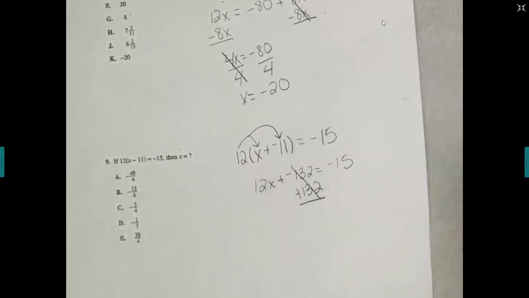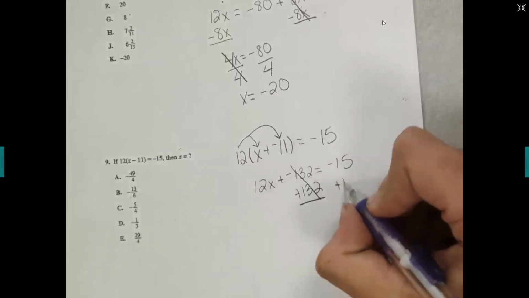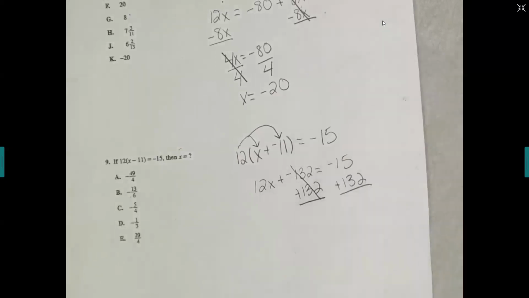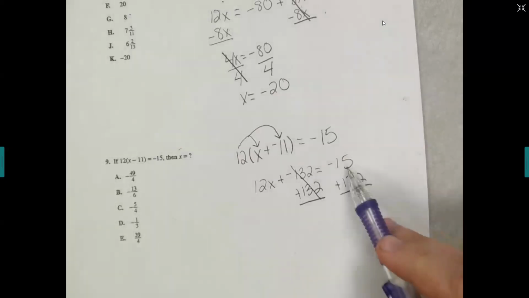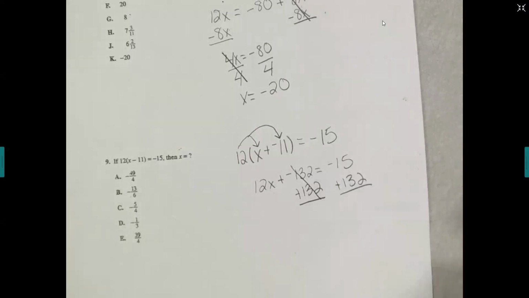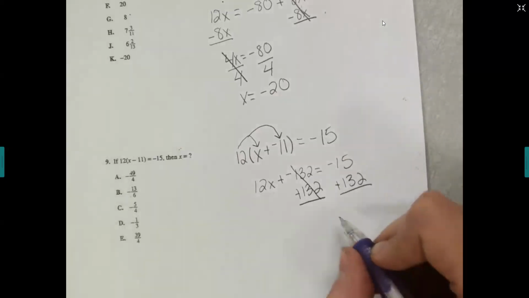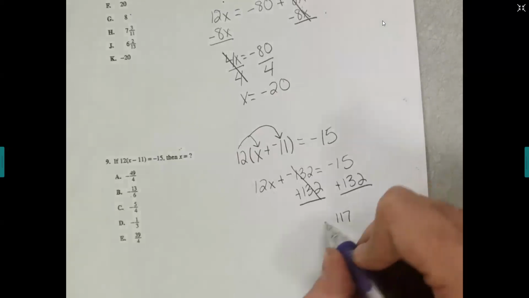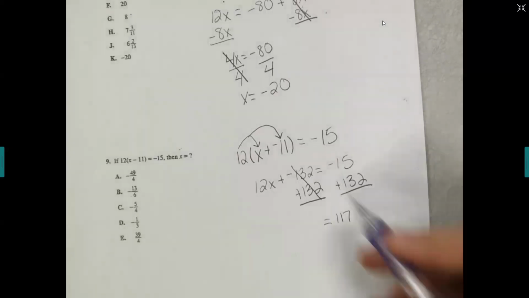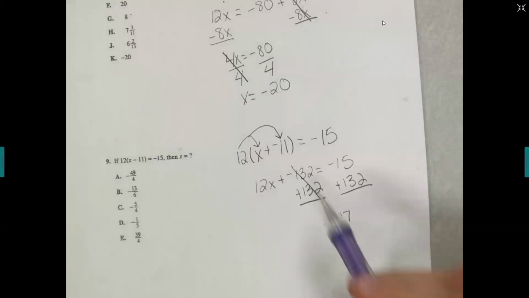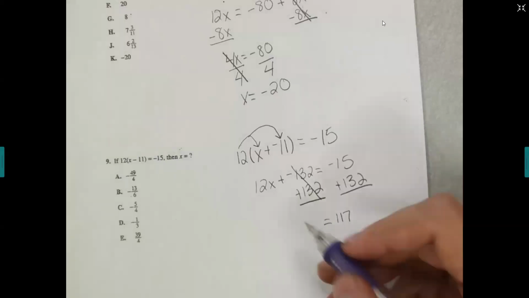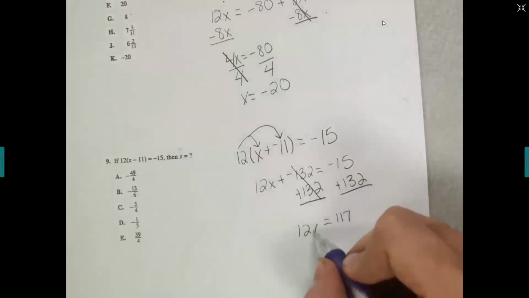So these cancel out. And what I do to one side of an equation, I have to do to the other. So we have -15 plus 132, which of course equals 117. And then since it's 132 and 132 over here cancel out, that leaves me with just 12x.